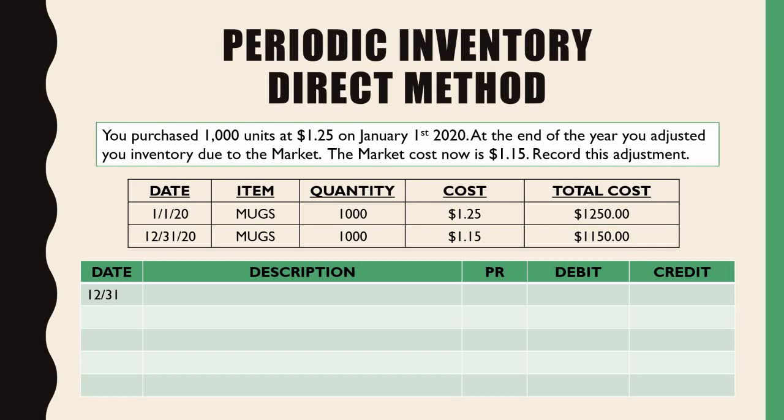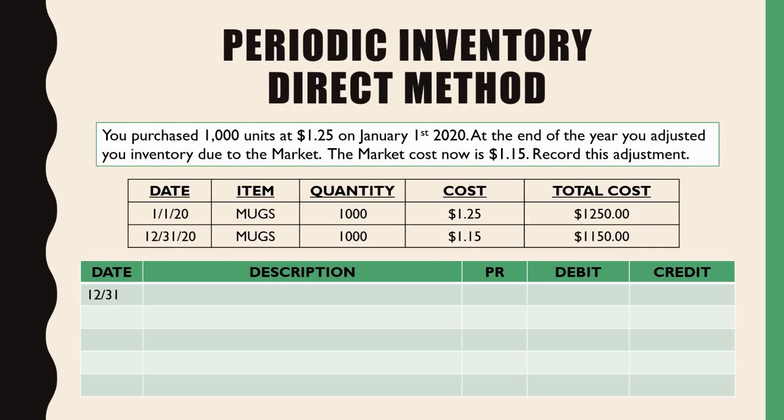So this is where we already figured our numbers out, and we need to adjust our inventory accordingly. Here's a little table where it says that when we purchased it originally, it cost us $1.25. Now, fast forward, at the end of the year, those mugs are worth $1.15.